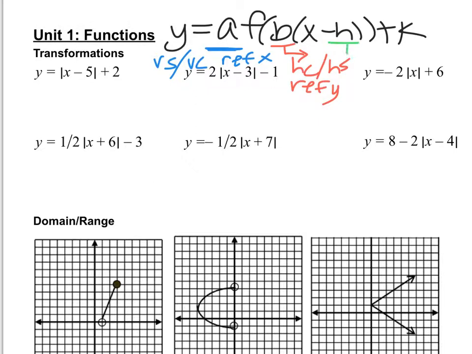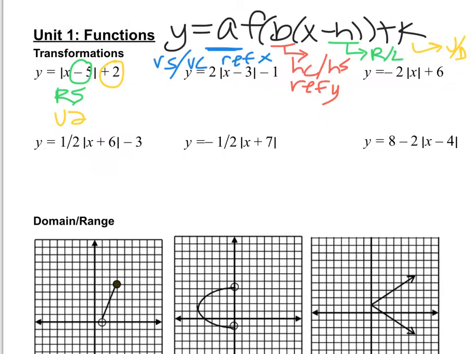H is right and left, and it's the opposite of what is intuitive to you. And K is up and down. So looking at this first one, we have minus 5, so opposite of what you think, that means it's actually going to go right 5, and up 2, so that's it for that one.